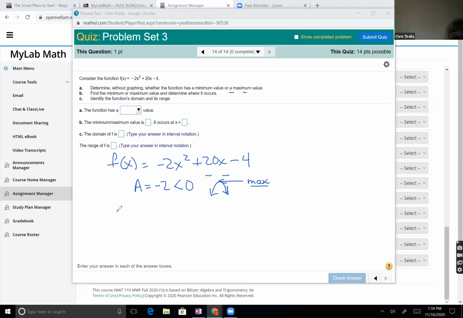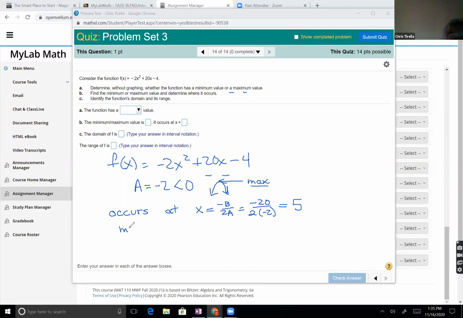In order to find that maximum, we'd have to find where it occurs first, and it occurs on the axis of symmetry, which is that negative b over 2a, which would be negative 20 over 2 times negative 2. See, negative 20 divided by negative 4 is 5.